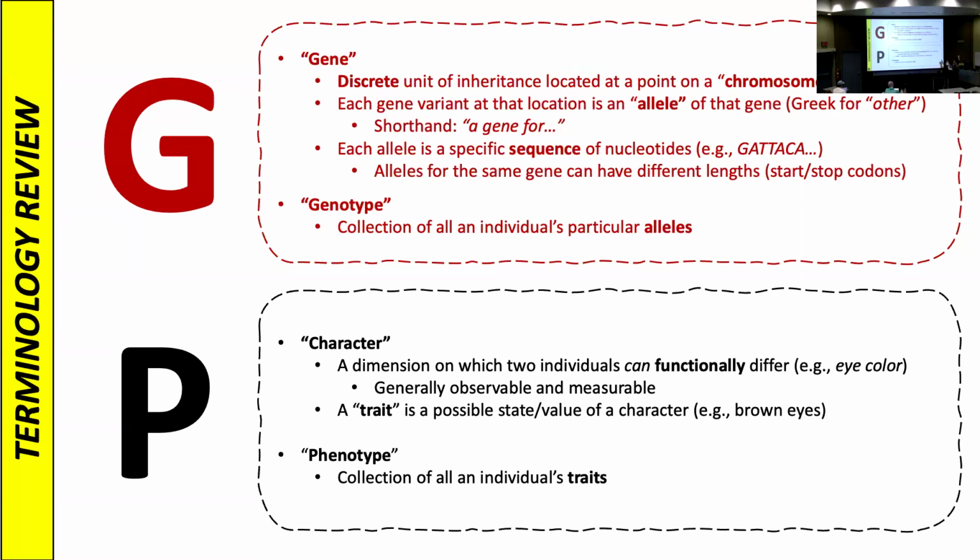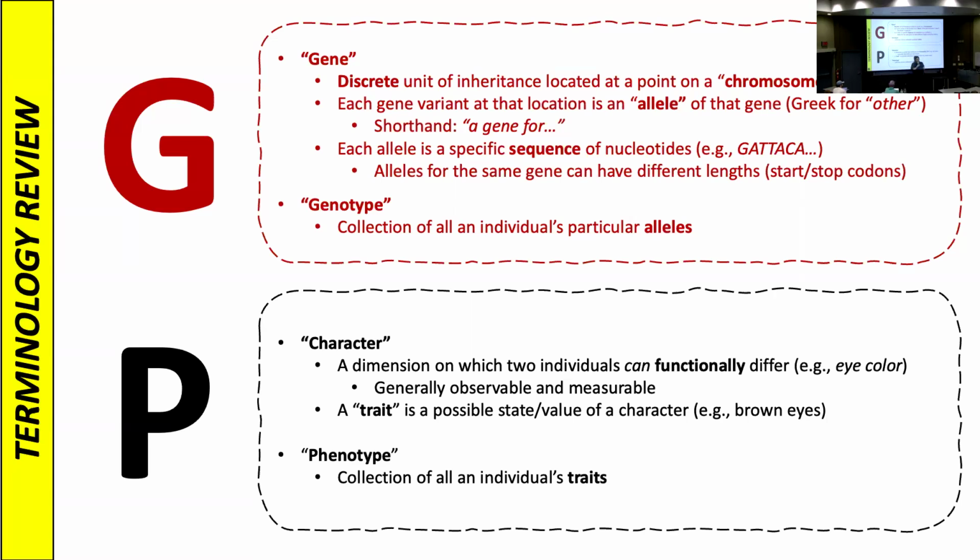The state that the character can take, a character state, that is a trait. So you have brown eyes, you have blue eyes, that's your trait. If we recognize that eyes vary in these ways, then eye color is the character. The collection of traits is the phenotype. So it's not a collection of characters, it's a collection of traits.